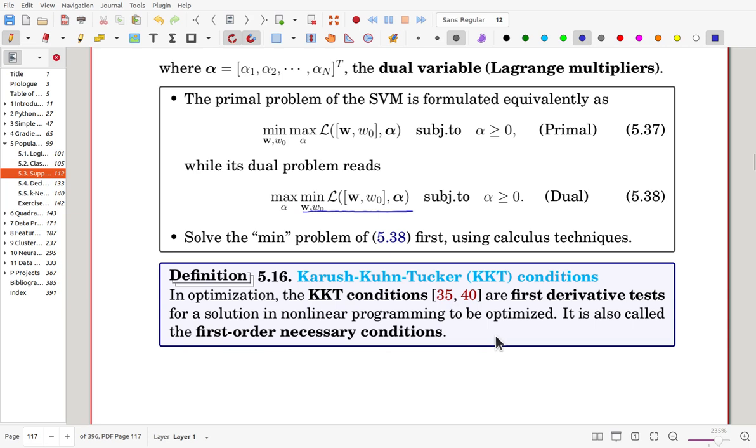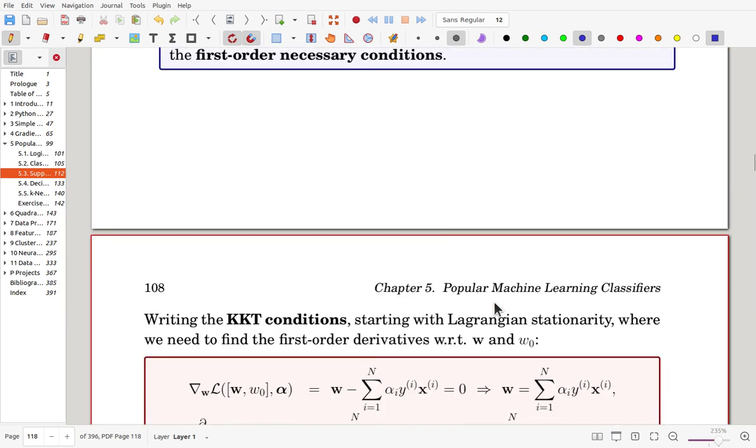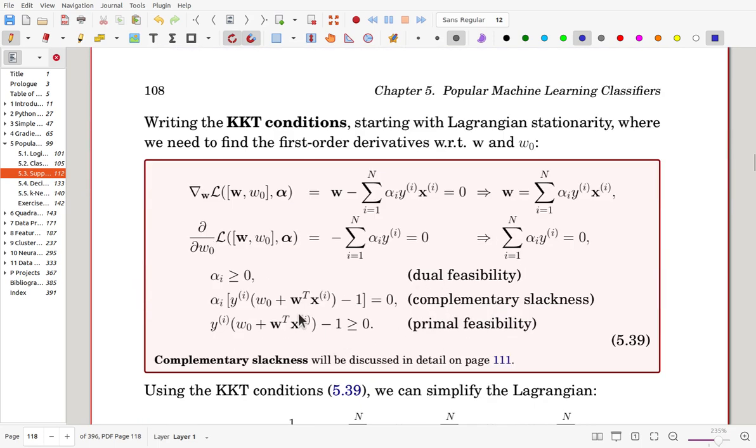It's a sort of first derivative test. We'll see the conditions here. The gradient with respect to W of the Lagrangian equal to 0 implies this equation. The W0 derivative equal to 0 gives another equation.